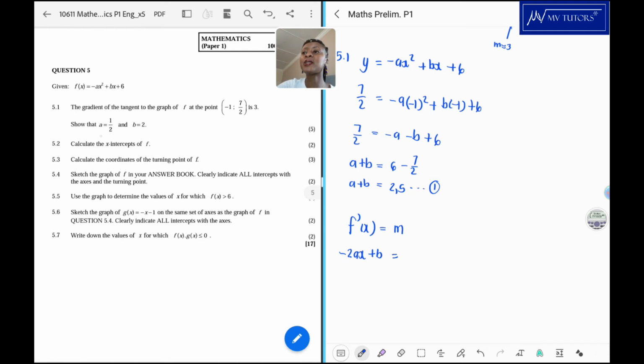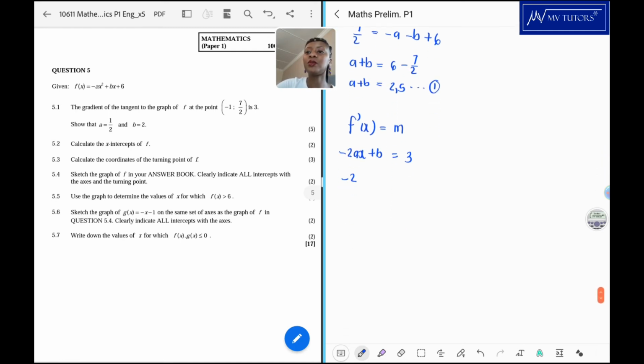The gradient they told us is 3, and I have that point -1 and 7 over 2, so I substitute -1 at x: negative 2a times negative 1 plus b is equal to 3. So I have 2a plus b is equal to 3, and that is my second equation.